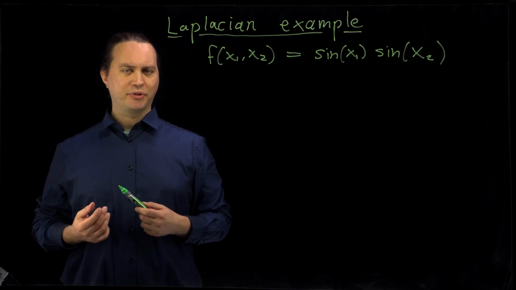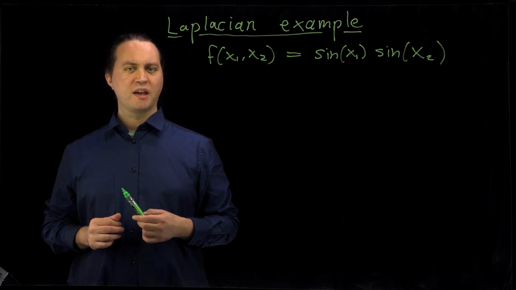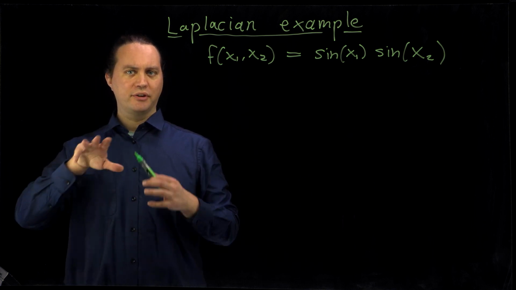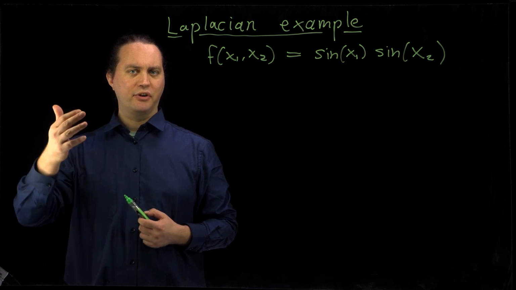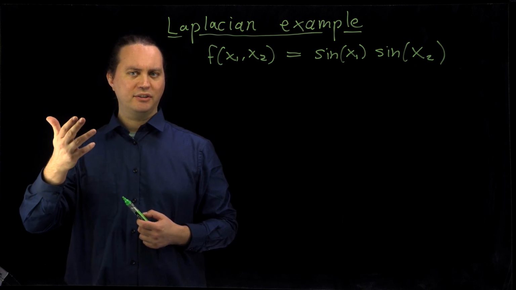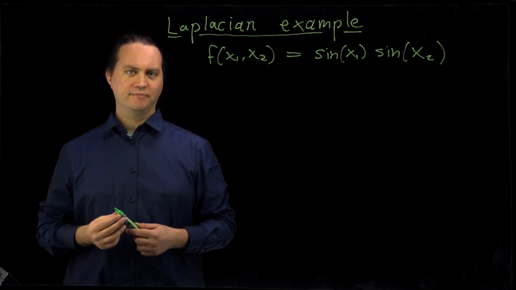The Laplacian seems quite simple. Nevertheless, I would like to discuss one more example. In particular, I would like to demonstrate that both definitions of the Laplacian, either in terms of the divergence of the gradient or by adding up second derivatives, lead to the same result.